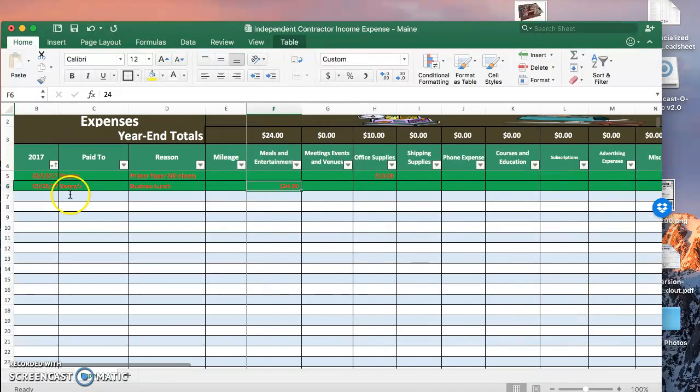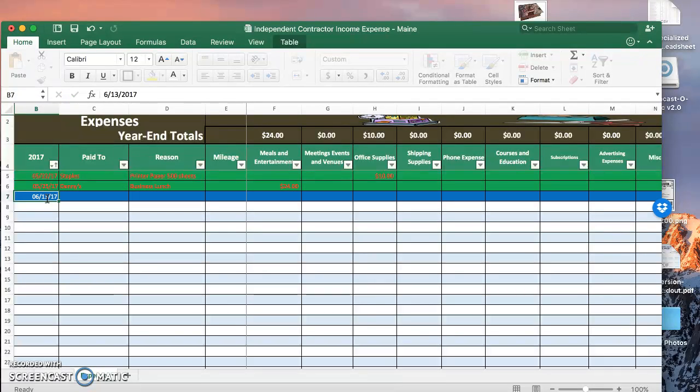Now you notice that this automatically turns green. That is basically to identify which month from a visual standard. So if I put the date of 6/13/17, because that is June, the row is now going to turn blue.